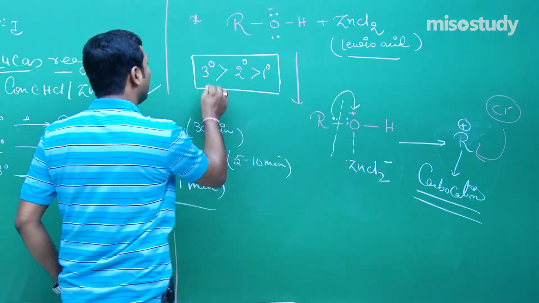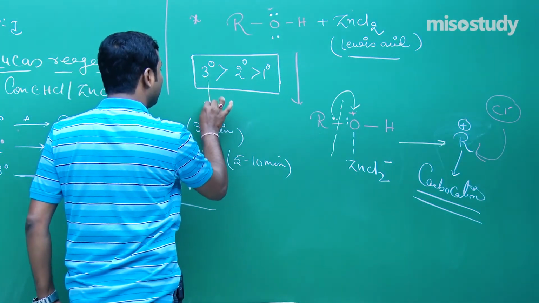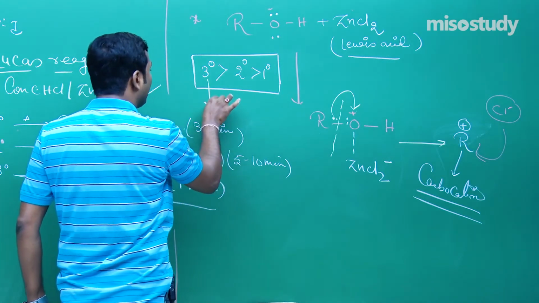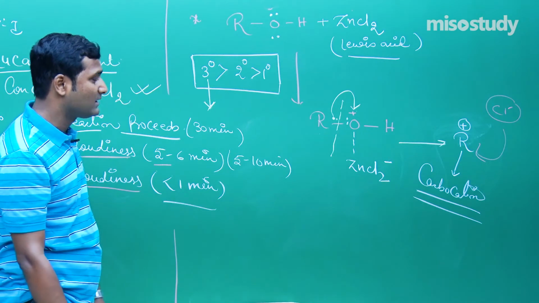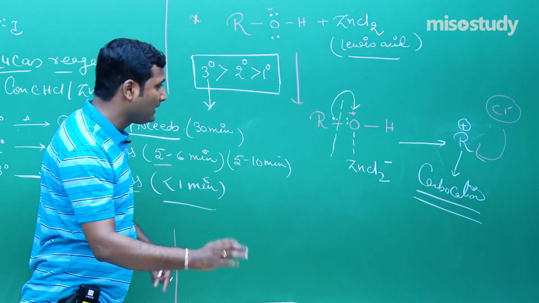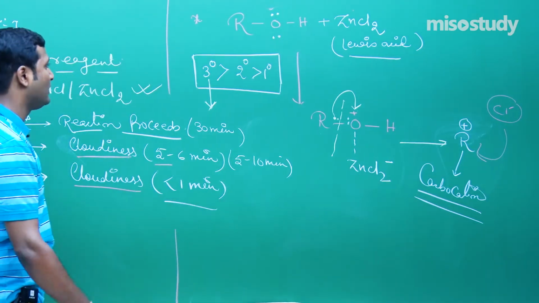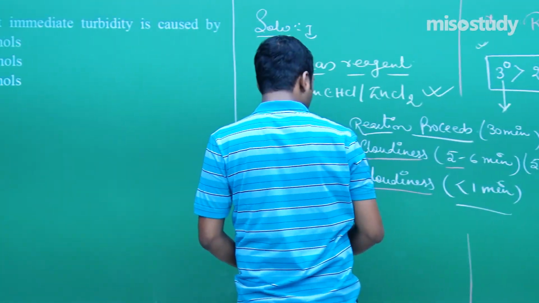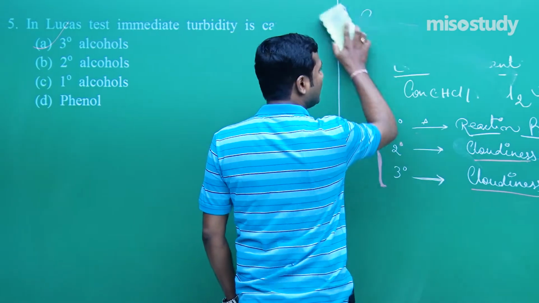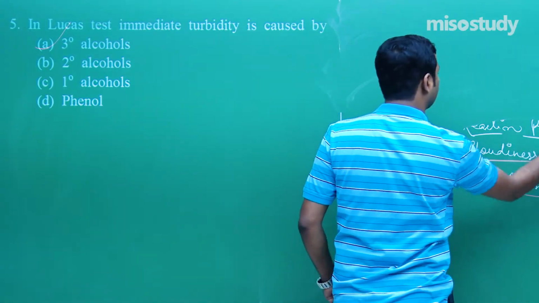That is, if the alcohol is 3 degree alcohol, then turbidity, cloudiness appears fast. This is the mechanism. Clear to you? If you have any doubt, you can easily approach me. During my lecture session, I have also discussed this thing. So for question number 5, A is the correct option.